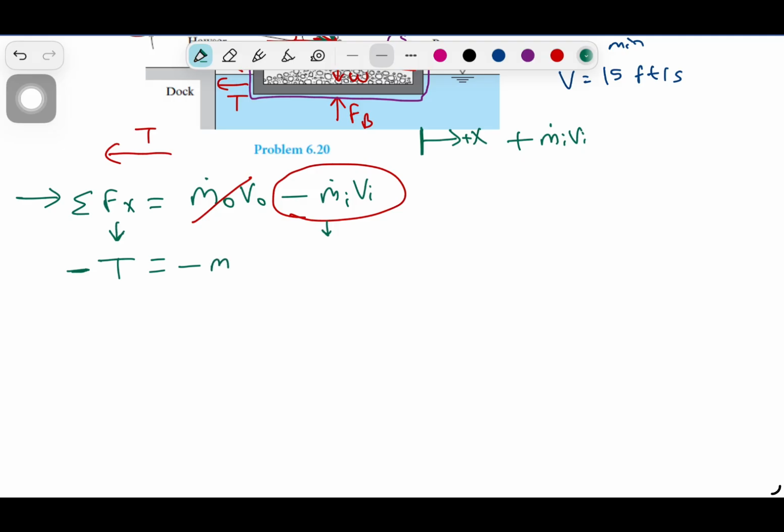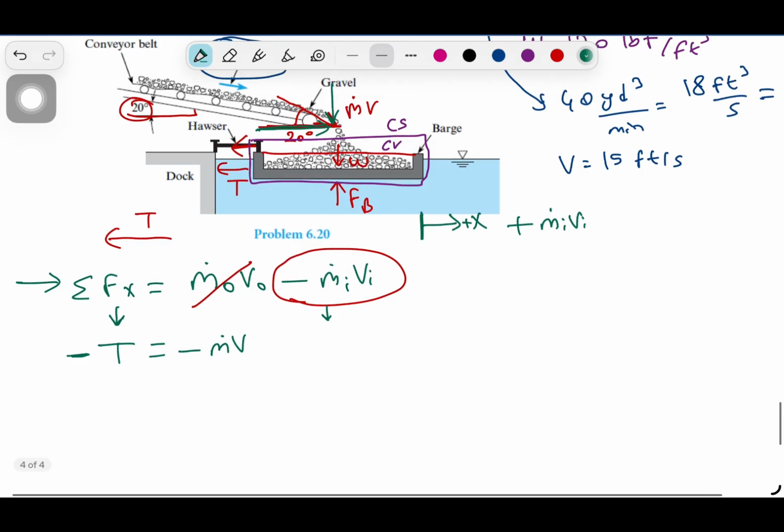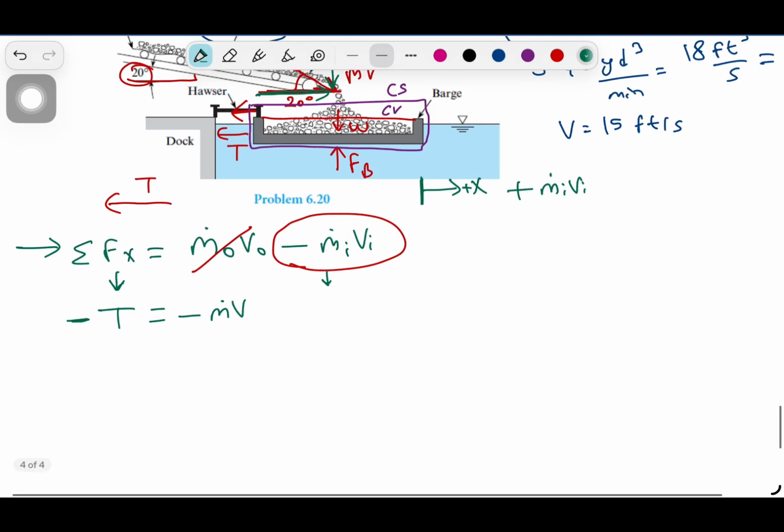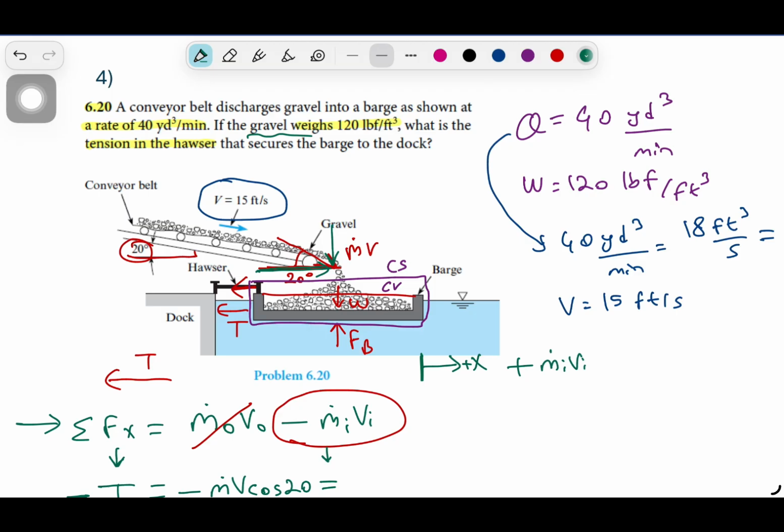So we get minus mv. And since we have angle of 20, it will be mv cosine 20. And mass flow rate, which is m, is rho A V. And here actually in the question, this value is actually specific weight. So specific weight is equal to 120 pound force per cubic feet.